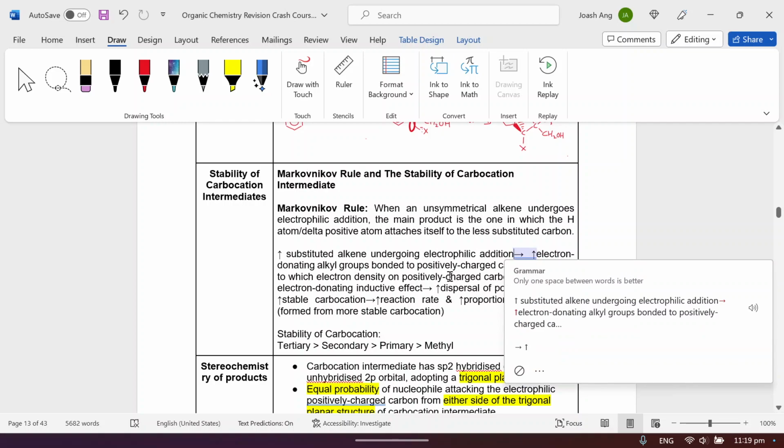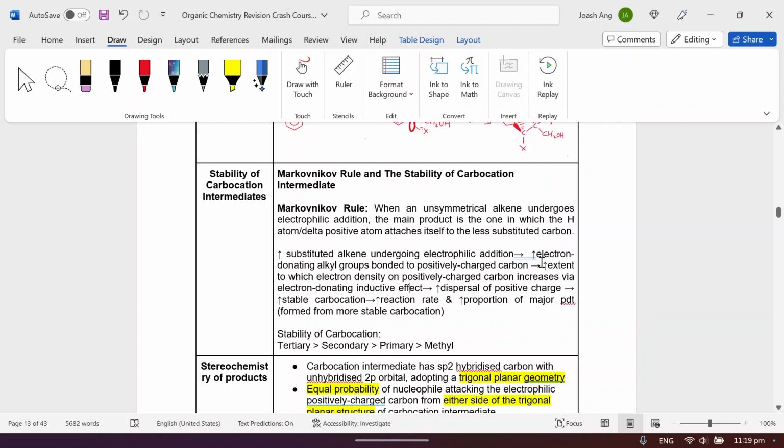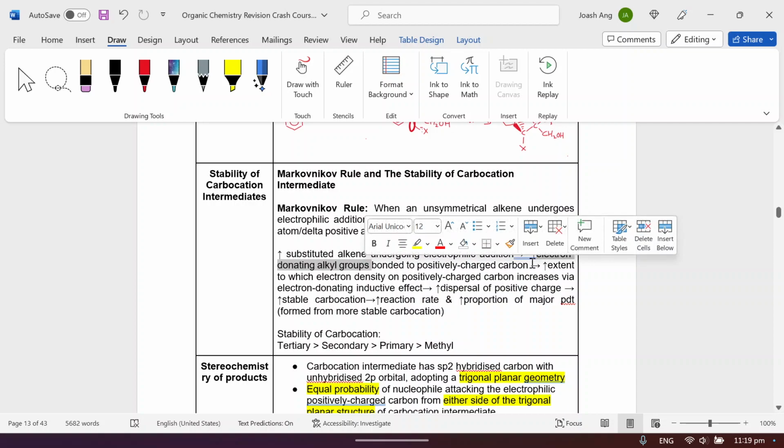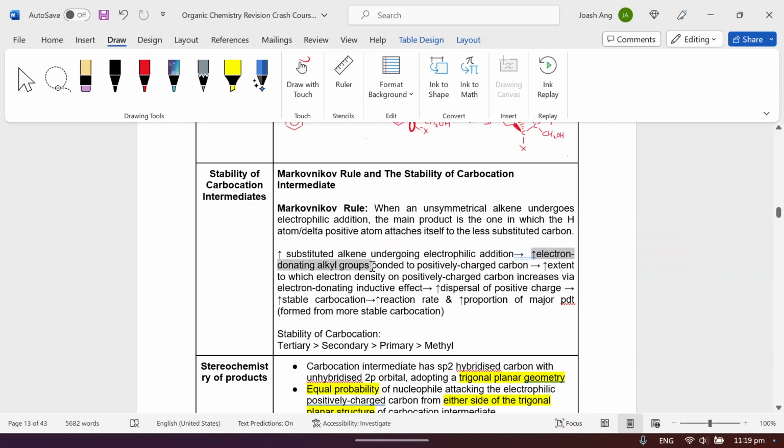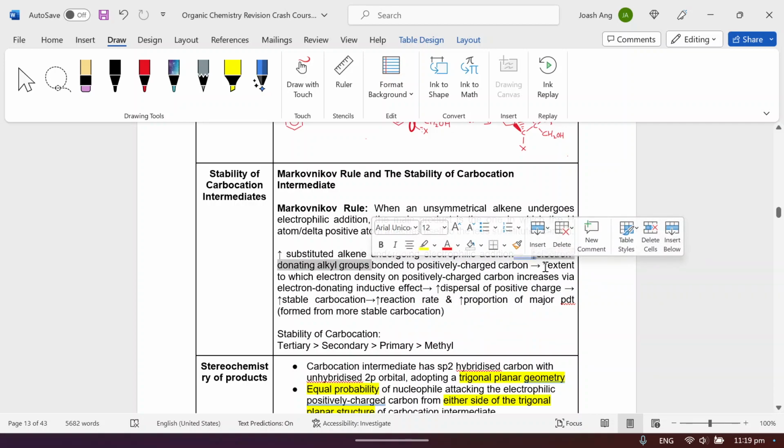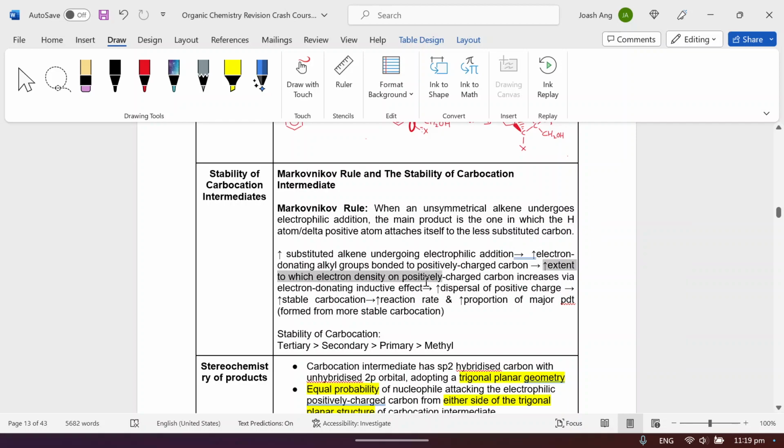And how you stabilize it is through electron donating alkyl groups. The more electron donating alkyl groups, the greater the extent to which the electron density on the positively charged carbon increases via the inductive effect, and this disperses the positive charge to a greater extent, thus resulting in a more stable carbocation.